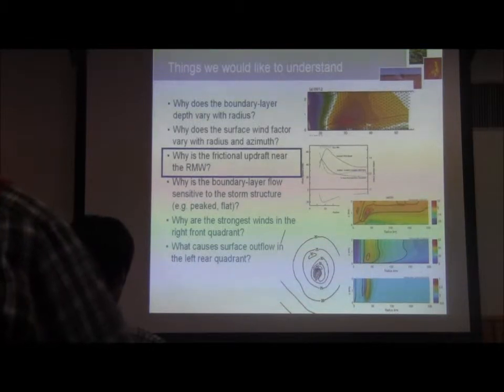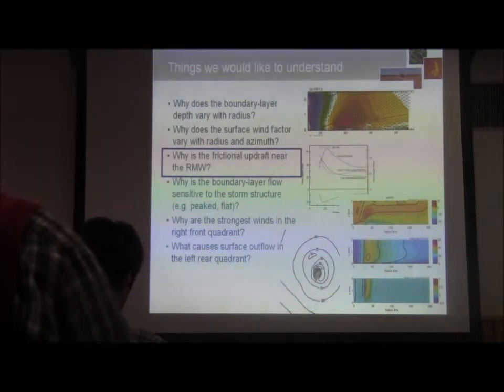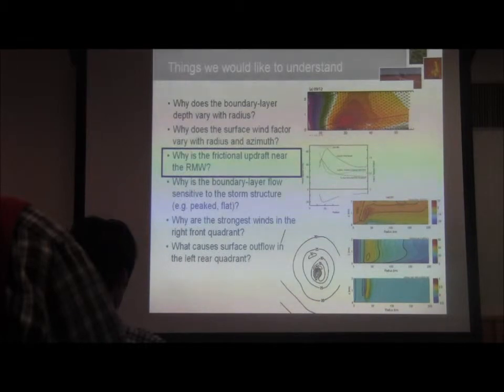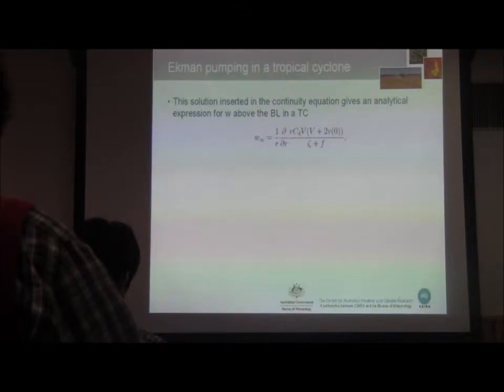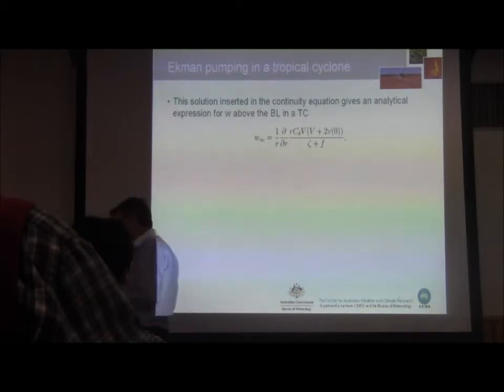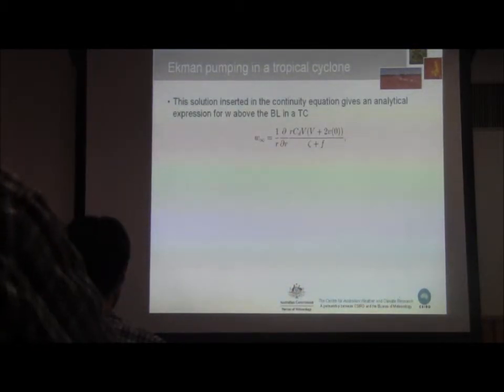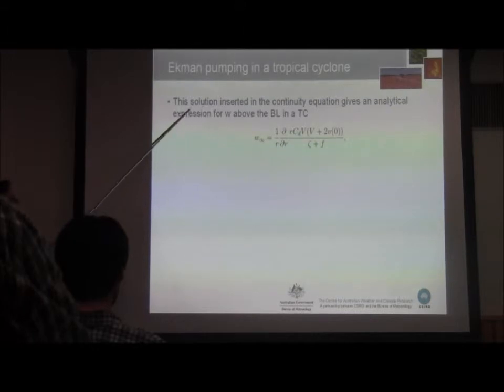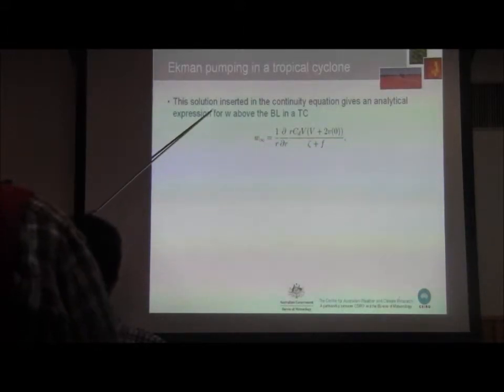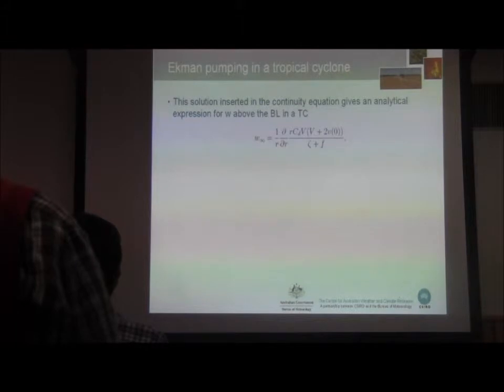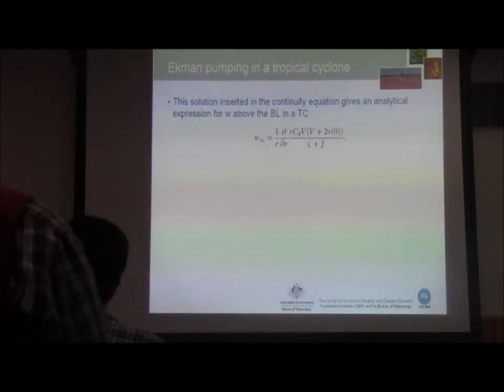Why is the frictional updraft near the radius of maximum winds? This is perhaps one of my favourite explanations in here. If we insert the solution, so the calculated U flow, into the continuity equation, and we integrate vertically with height, we can calculate what the updraft at the top of the boundary layer is.